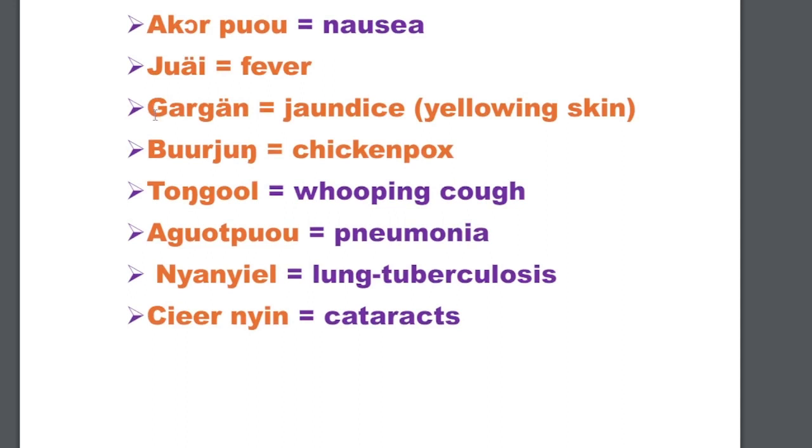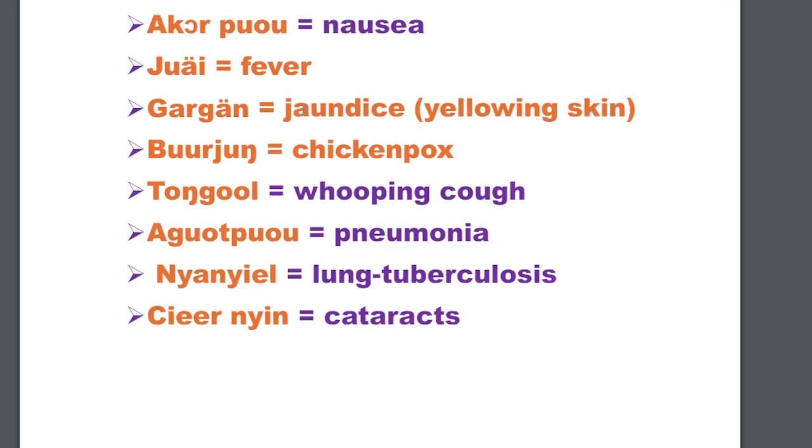Another disease is gargan. Guys, this is the way I know it. Gargan means jaundice, or yellowing of skin.